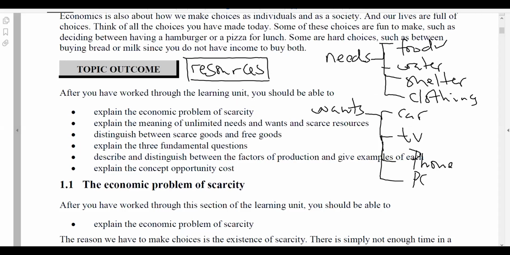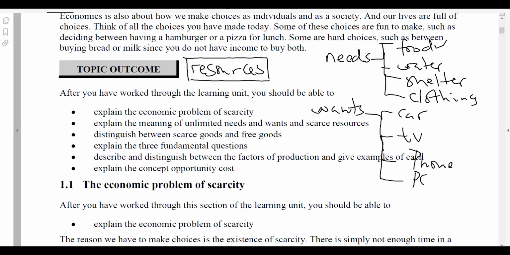Okay, all right. Or maybe for you to understand, let's start by looking at the different types of resources. Can you give me examples of resources that you know? Any resources that can produce anything. Resources like machinery, equipment, and what is it?